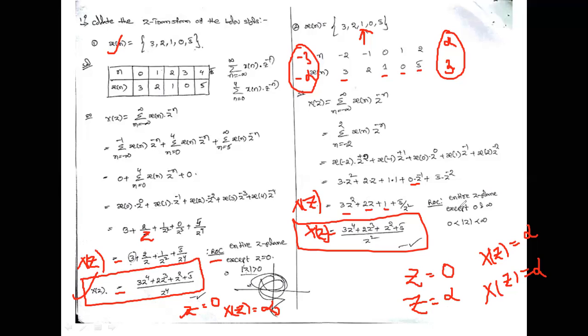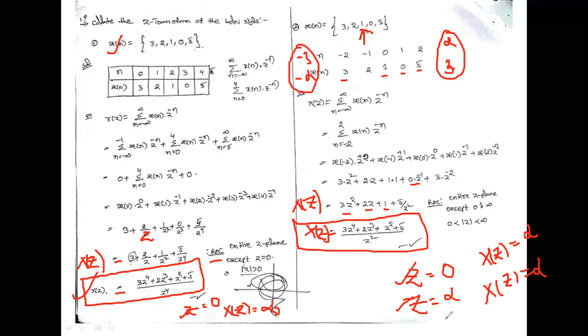So the previous condition was the entire z plane except z is equal to 0. But for this given equation, the ROC, the region of convergence, is the entire z plane except z is equal to 0 and z is equal to infinite.